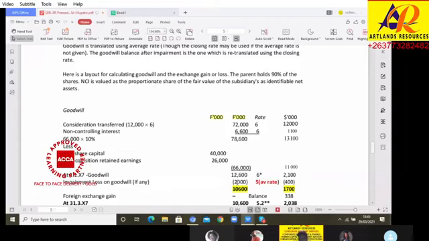If the average is not given, you may use closing rate, but it's rare. But whenever average rate is given, you translate impairment loss using average rate.